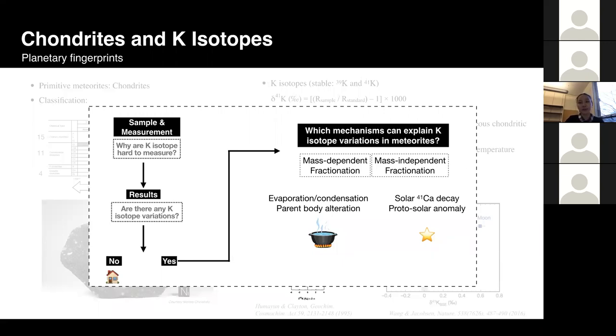This is why potassium isotope fractionation is important for us to understand thermal events, if there's any. On the other hand, mass-independent fractionation mostly refers to stellar origins, where the isotope fractionation is not related to mass. Many terms here will be used throughout today's talk, so I want to make it very clear here.